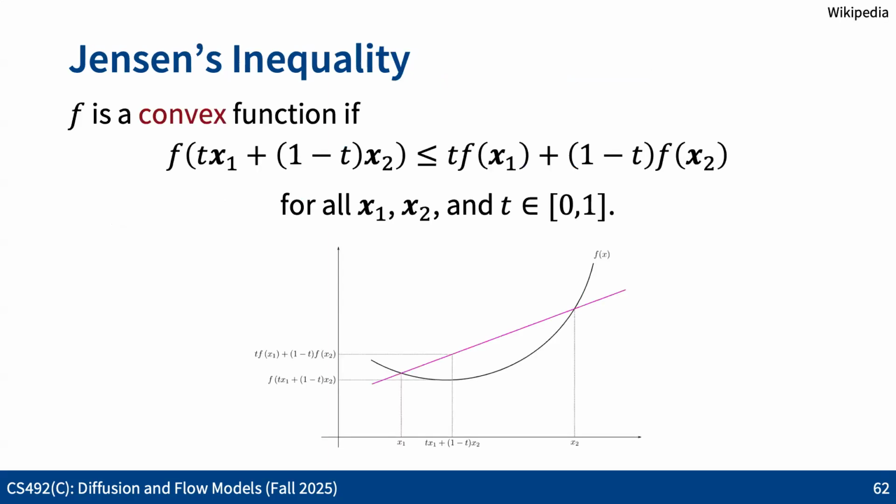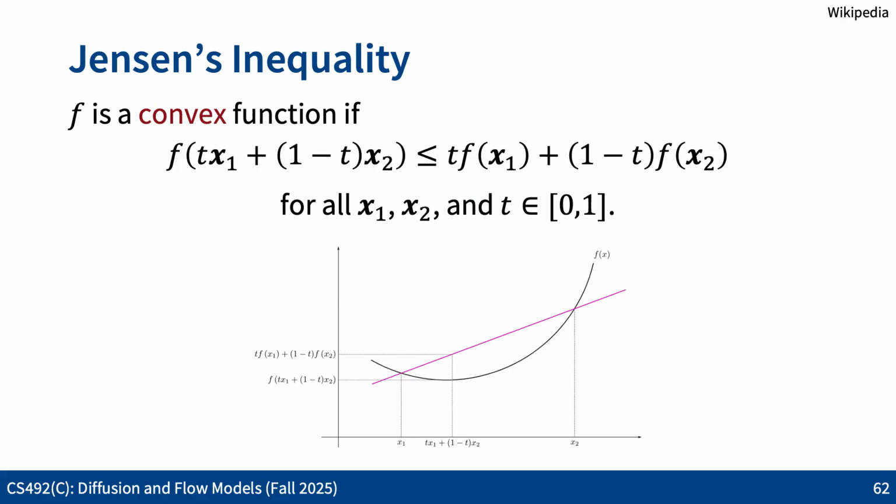And one more thing: let's briefly talk about the convex function. The meaning of the convex function in the one-dimensional case is basically a function that looks like this, having some curvature downward.